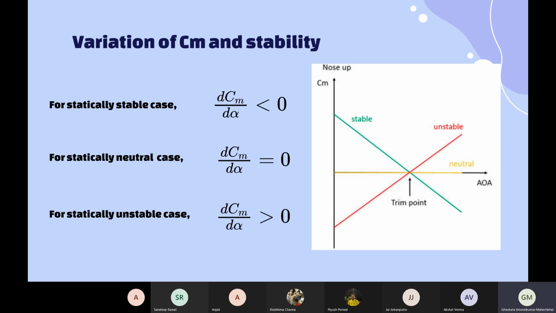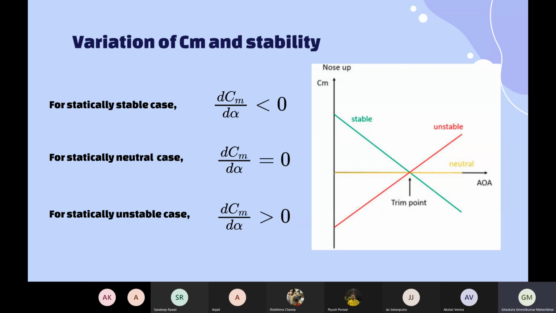I have also told you in the first webinar how we can find the stability using this graph. And at the end of this webinar, we will see how the center of gravity affects the slope of this CM versus angle of attack curve.